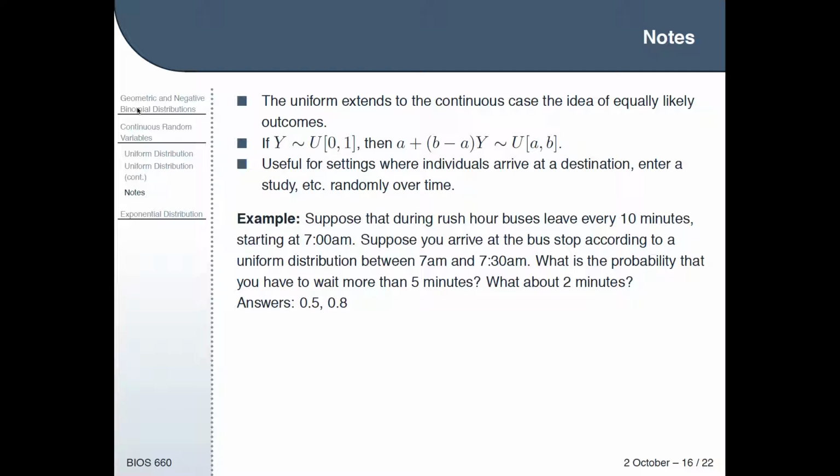Similarly, the probability that you wait more than 2 minutes is, I think I actually just said the first one backwards, but you get the idea. Probability that you wait more than 2 minutes is that you do not show up between like 7:08 to 7:10 or 7:18 to 7:20 or 7:28 to 7:30. Add up those probabilities and it will be 0.8.